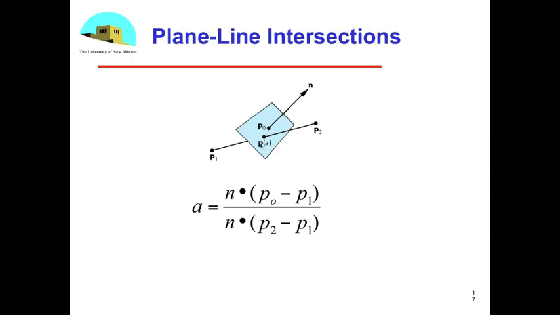So you have the standard parametric form that it's (1 minus alpha) P1 plus alpha P2, and for every alpha I'm along this line segment. For alpha between 0 and 1, I go between P1 and P2. And then I can do the intersection with the plane, and the plane can be specified by looking at the dot product of the normal and points on this plane.